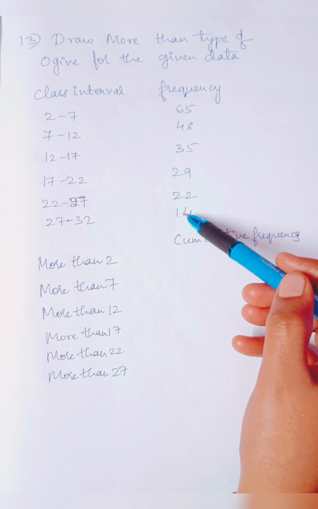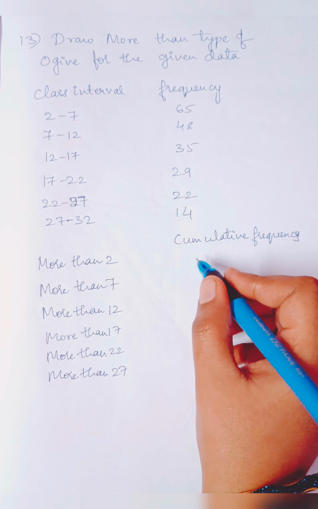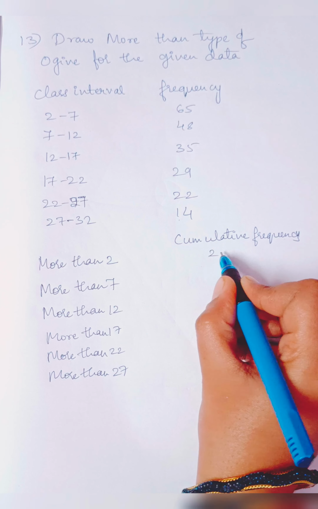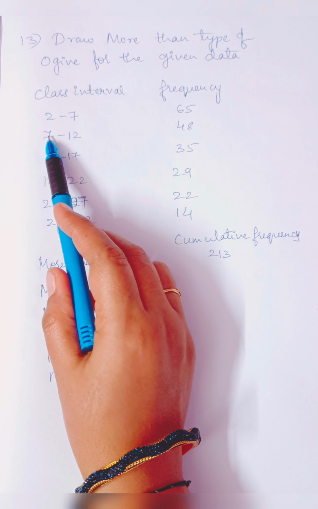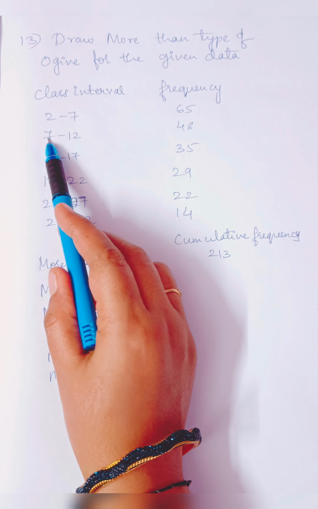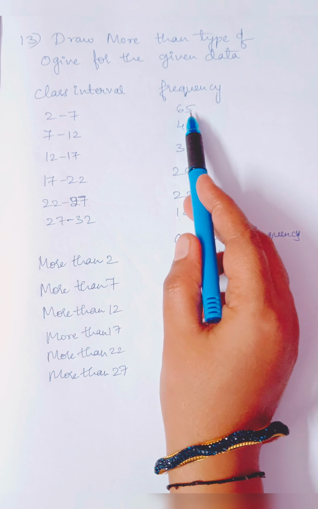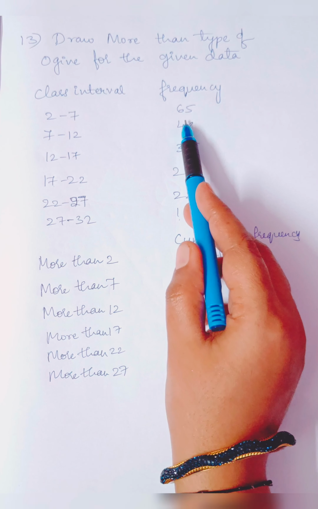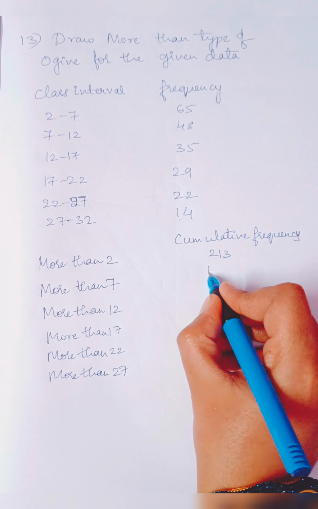So all the numbers we have to add, from 65 to 14. So if you add all, I'll get 213. For more than 7, you have to start from here. That means 65 you should leave, add the remaining ones. So leaving 65, if you add the remaining, you'll get 148.